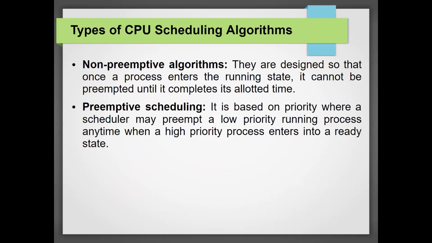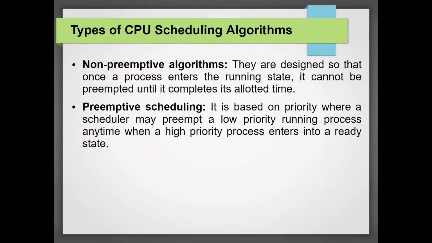We can divide the CPU scheduling algorithms majorly into two types. One is the non-preemptive algorithm, and the other is the preemptive algorithm. In non-preemptive algorithm, once the process gets into the CPU, it will not come out of the CPU until it completes its execution. But in preemptive scheduling algorithm, the process may be preempted based upon certain conditions.